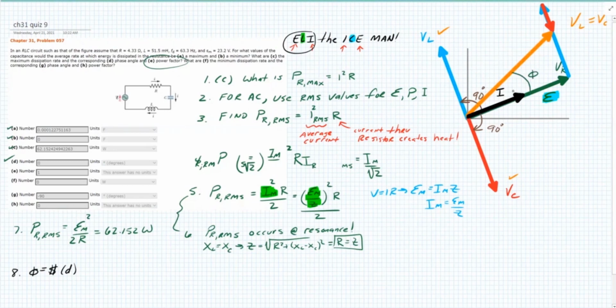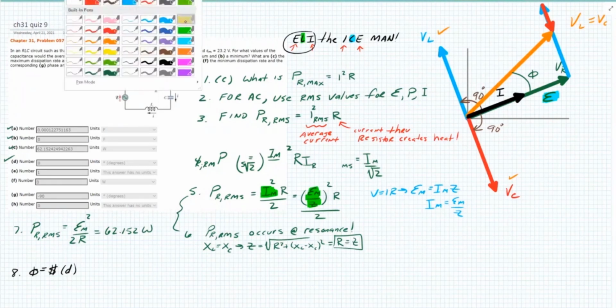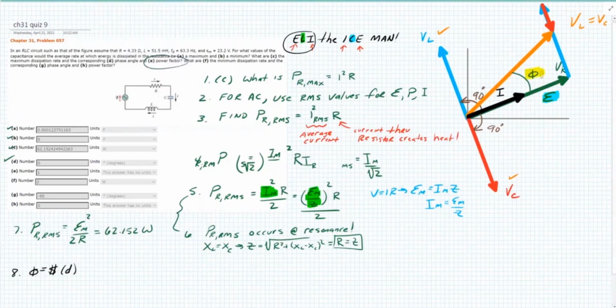Okay. So in terms of a rating system, we're just going to agree to say, hey, how good is your circuit? How efficient is your circuit? We're just going to take the cosine of this angle right here. And you can see that if I just look at this triangle, what is the cosine of phi?